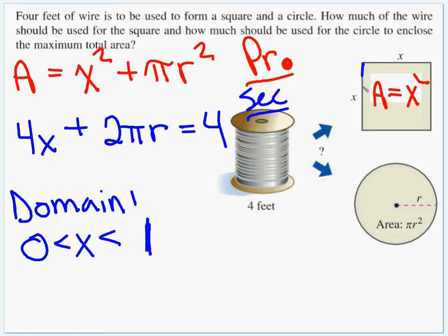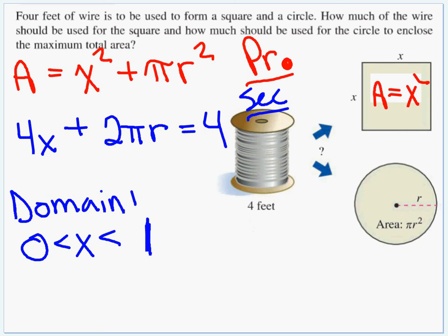Here we do 1 foot of wire, 2 feet, 3 feet, 4 feet. There's all our wire, and we have nothing left for the circle. So this is all square, and the other is all circle. There's our domain. x has to be a number between 0 and 1.